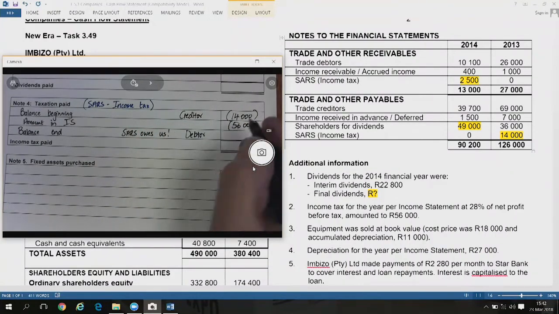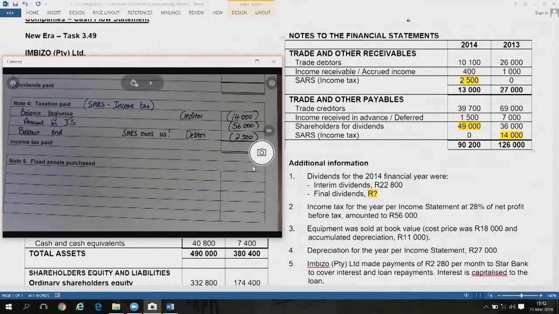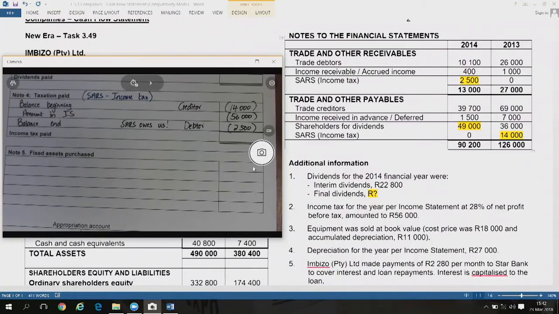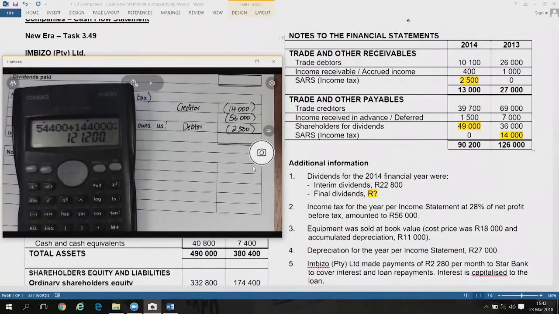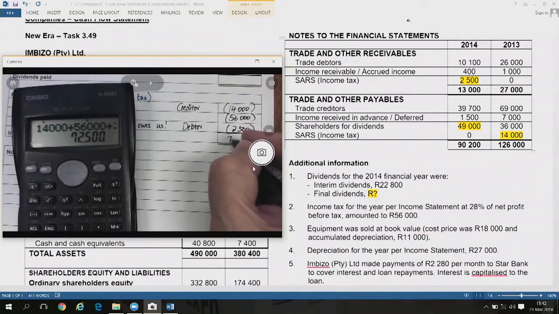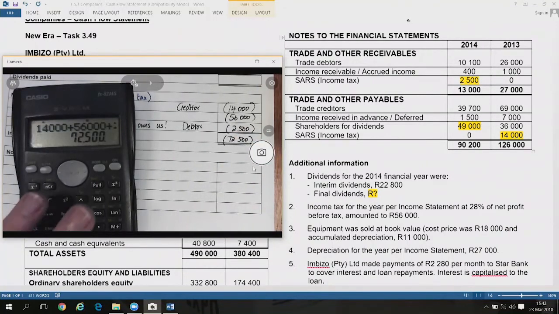So why do they owe us money? Because we already paid 2,500 rand too much. That gives us 14,000, 56,000, 2,500. I know all of them are minuses, but I just add all of them and I put the 72,500 in brackets.